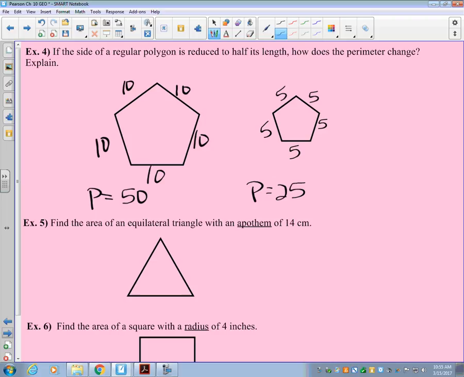Those were worker level questions. You had an operation to do, you did it. There was not a lot of thought. Here's where you can get promoted to manager. How does the perimeter change? It is half the original perimeter.